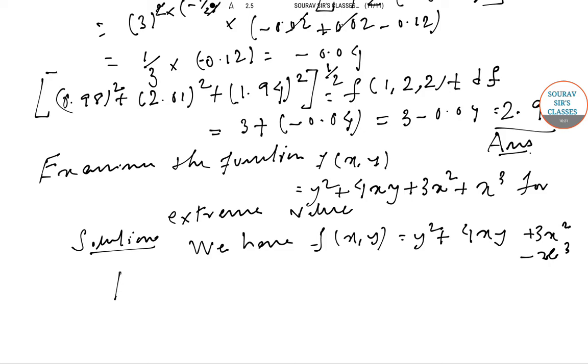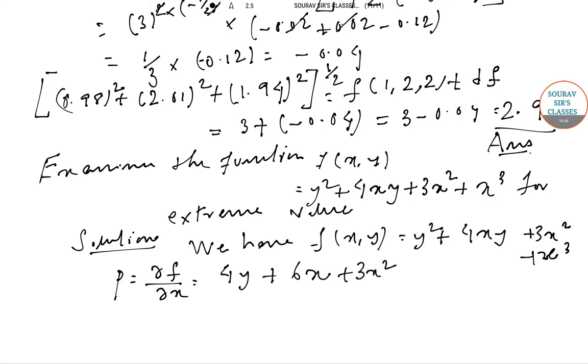Now go ahead, and you will have, see this, p is equal to del f by del x. So 4y, and if you differentiate y with respect to x the rest becomes 0, so that's why 4y, and then plus 6x, that was 3x square, plus 3x square, right?